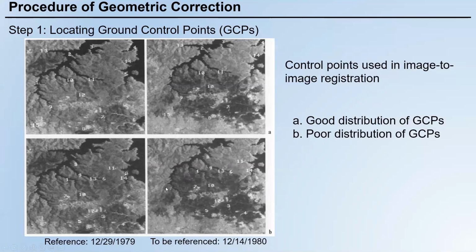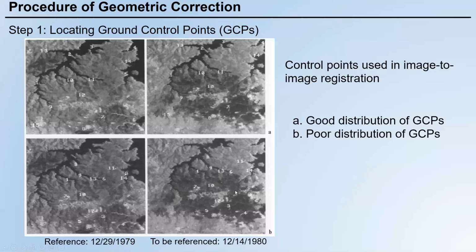But how about this part? Here? So when you are using this bad set of GCPs to do geometric correction, the result is that your correction is performing well across this area covered by GCP points. But this correction will be pretty bad for those areas not covered by GCPs.